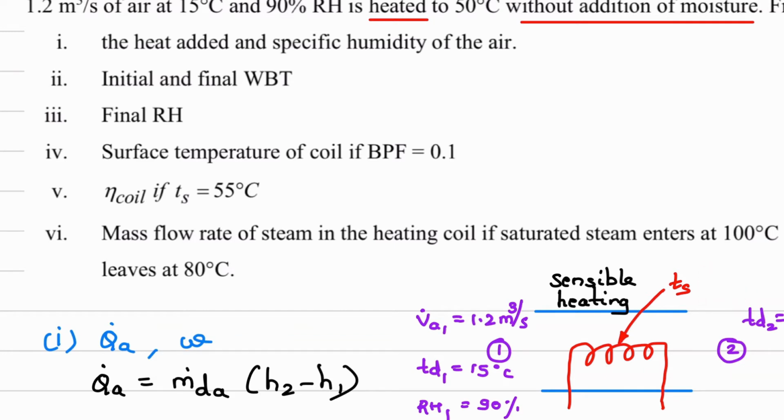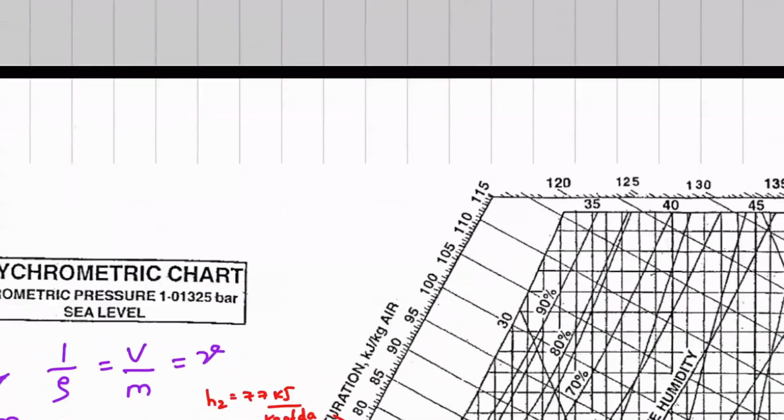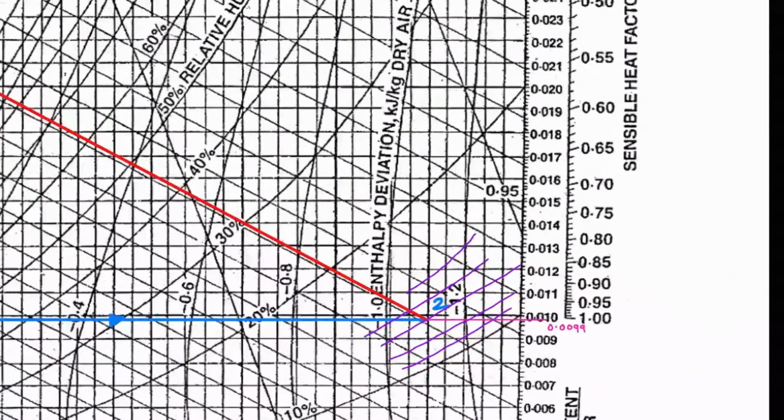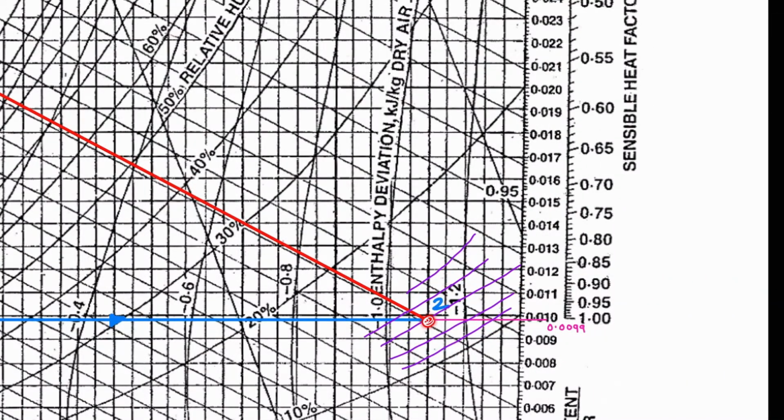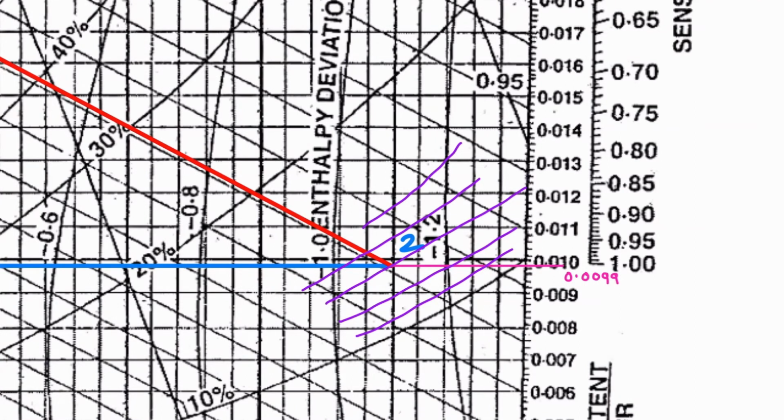Okay, so go back to the psychrometric chart. Point 2 location is this one. This is point 2 and these are relative humidity curves. So this is 10%, this is 20%. So the relative humidity of point 2 will be in between 10 and 20. Now you can locate the midpoint of 10 and 20, that will be 15, and then again divide it into 5 parts.